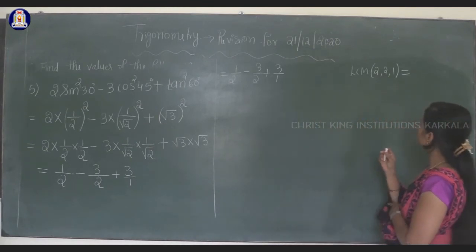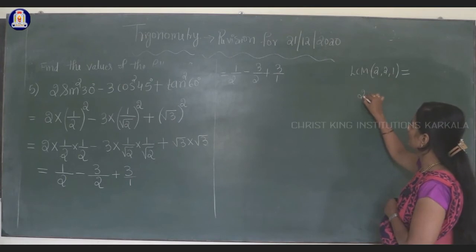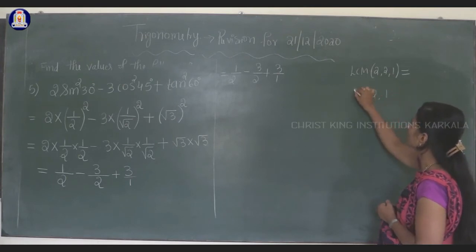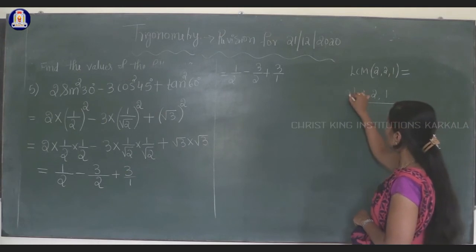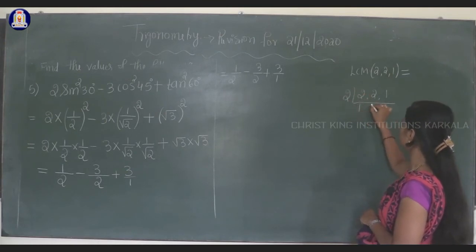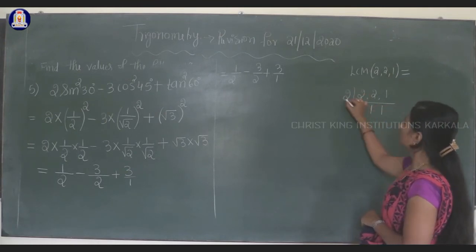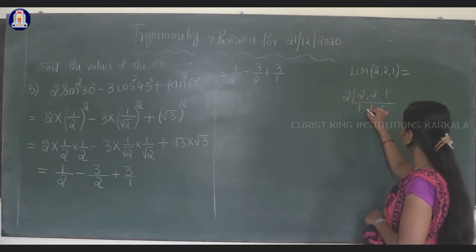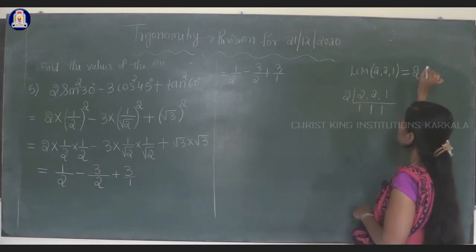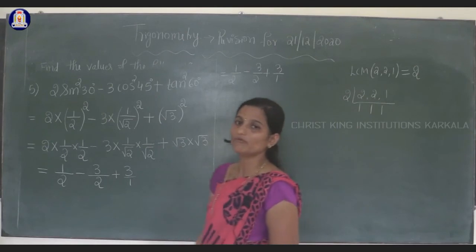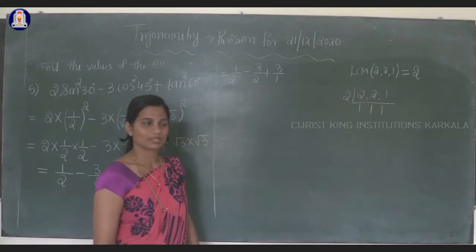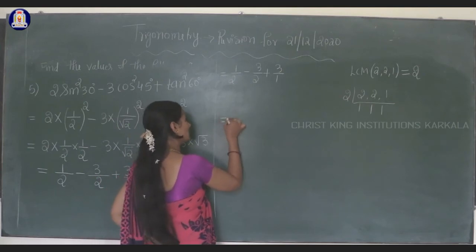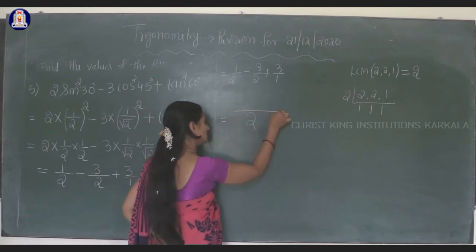How to find it? 2, 2, 1. So 2 is a common factor, 2 ones are 2, and it is 1. So 2 into 1 into 1 into 1, the LCM is 2. So the LCM of 2, 2, 1 is 2, right? Yes, 2 is LCM.